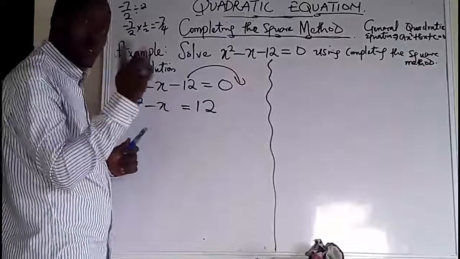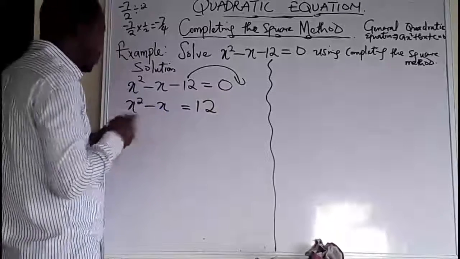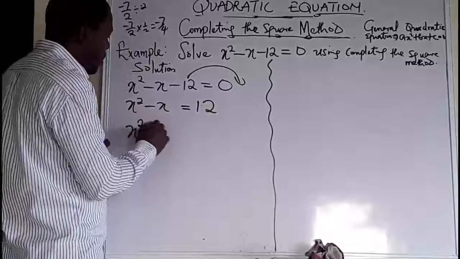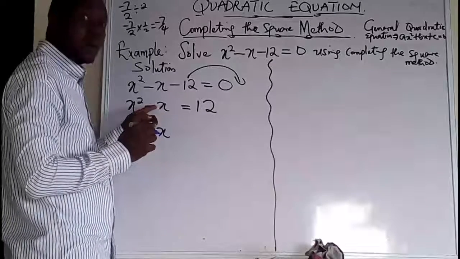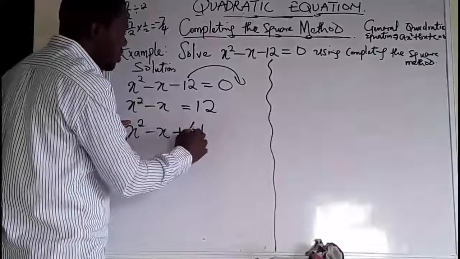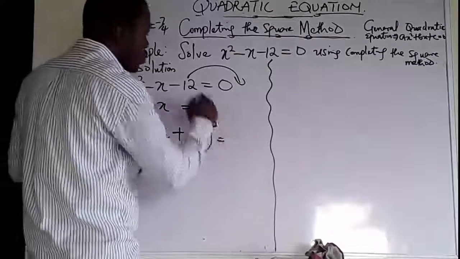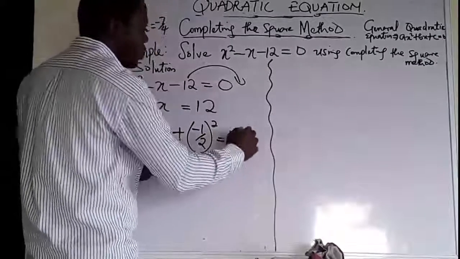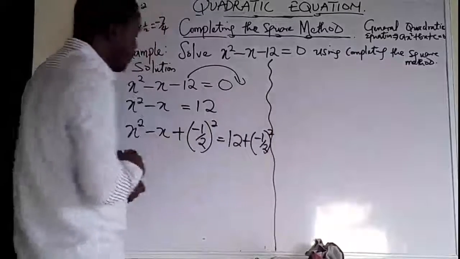It's minus 1, not 1, because the sign goes with it. You have to be careful of the sign. So the coefficient of x is minus 1, divided by 2, and we square it. So we have x squared minus x plus minus 1 over 2, everything squared, equals 12 plus minus 1 over 2, everything squared.